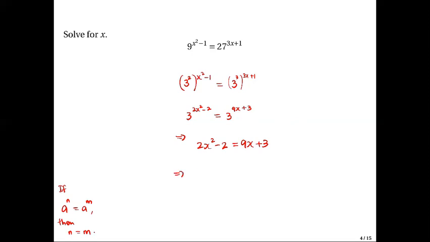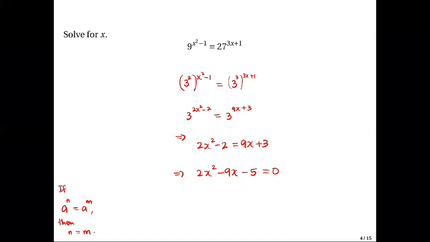So in here we simplify. We have 2x squared minus 9x minus 5 equals 0. You can do factoring if possible. But for this, I'll use the quadratic formula.